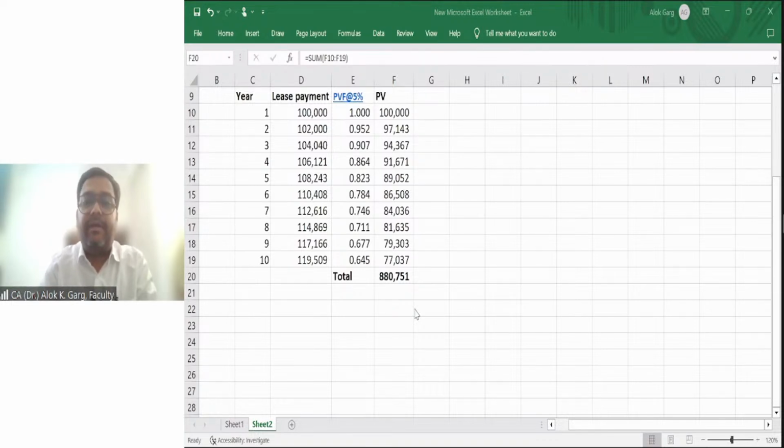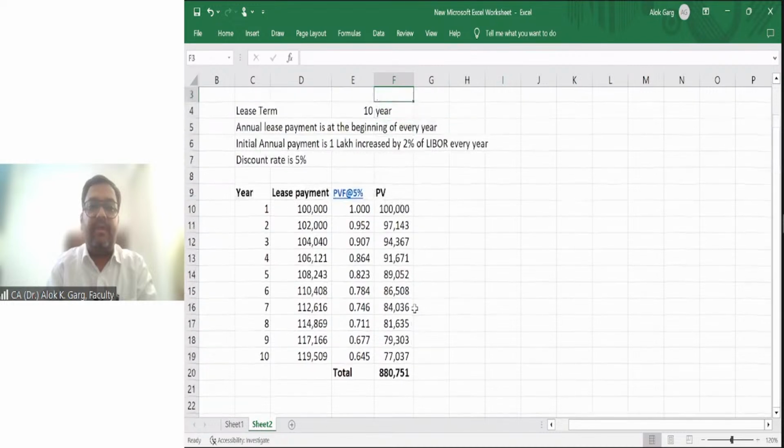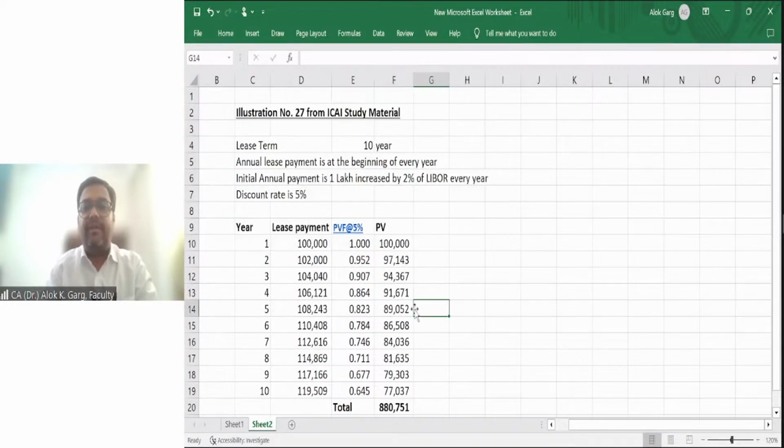What is my accounting entry at the commencement date?